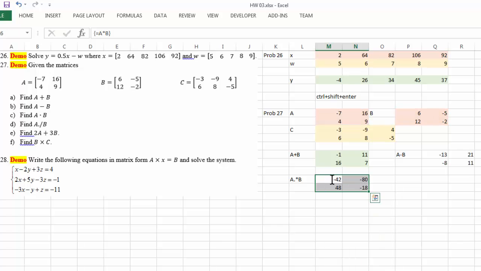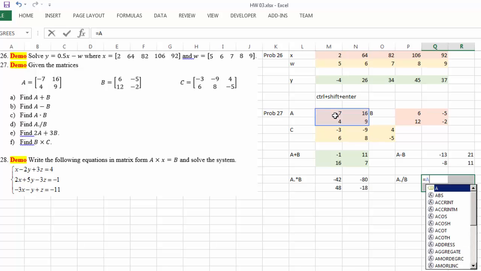Control Shift Enter. So as you can see, each element of matrix A and B in the corresponding position gets multiplied. So -7 times 6 becomes -42, and this is the first element. 16 times -5 becomes -80. That's the next element, etc. And then similarly, A dot divide by B. So again, this is simply the division of each corresponding element in matrices A and B.